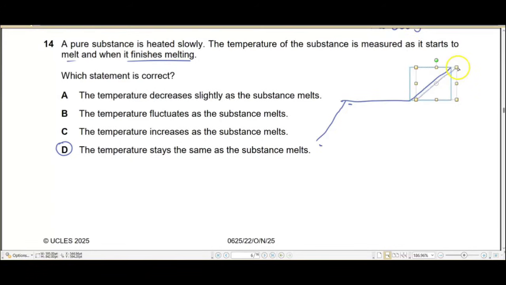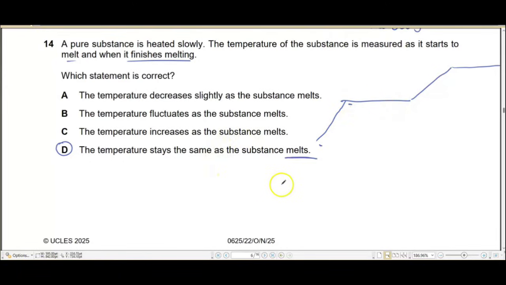And whenever there is a state change, it remains constant. That is why the temperature stays the same as the substance melts, because a state change is happening. The curve is straight, it never changes.